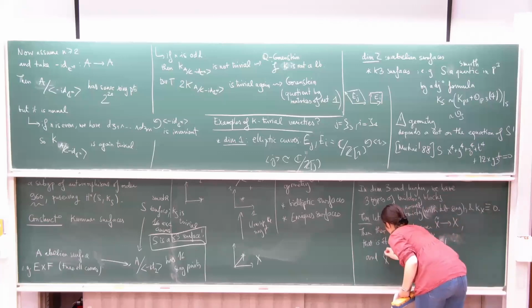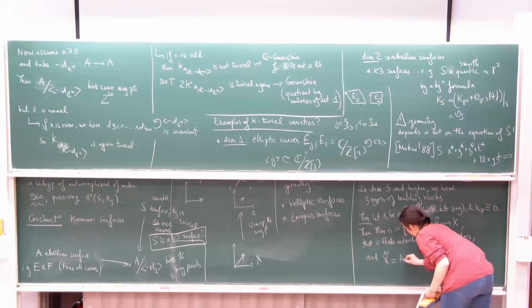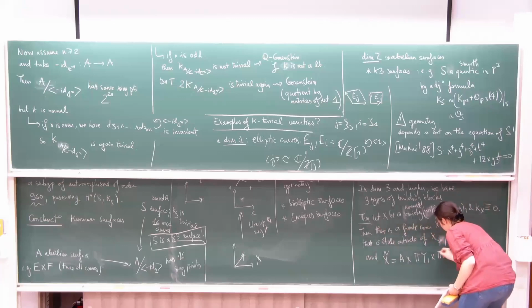And X tilde, sorry, Galois, let me explain in a second. And X tilde is an abelian variety times, it's really a product.